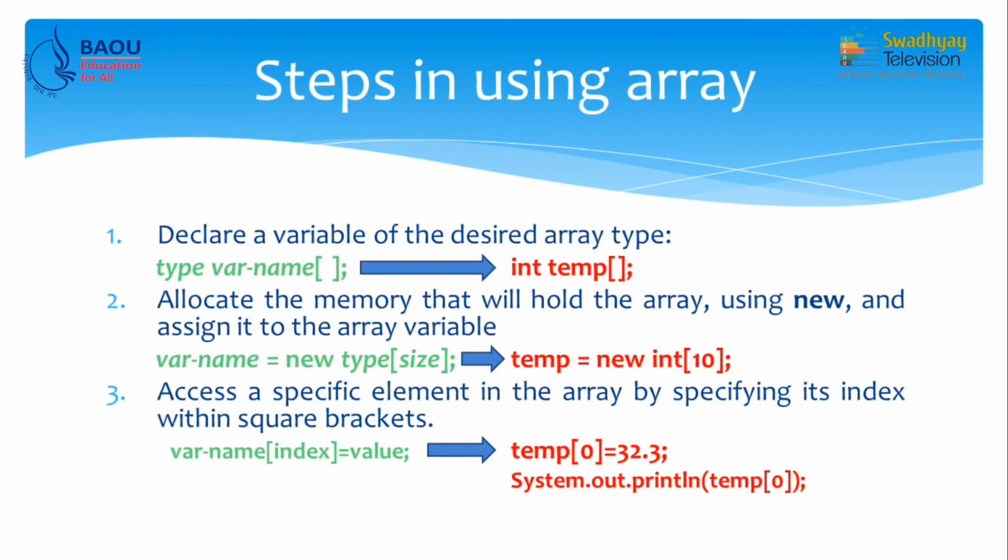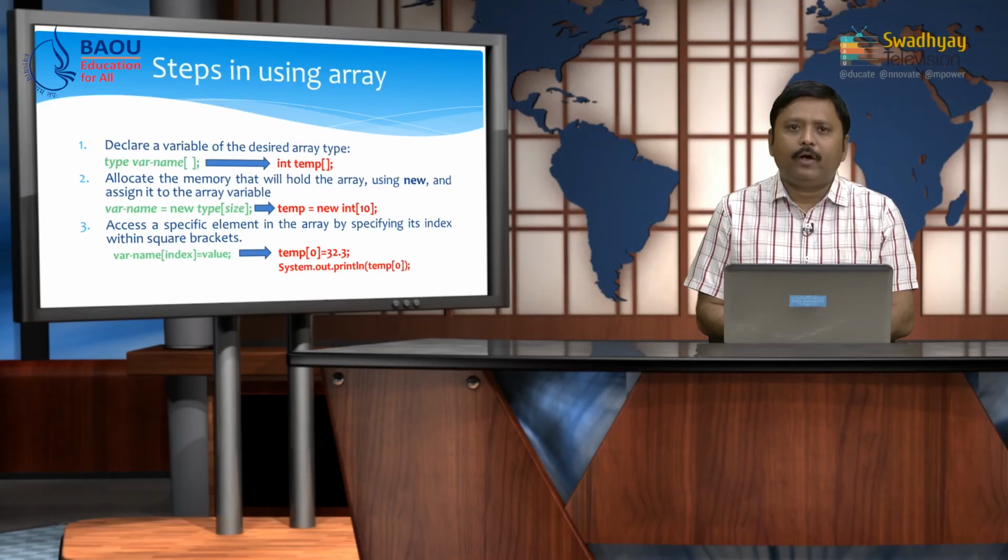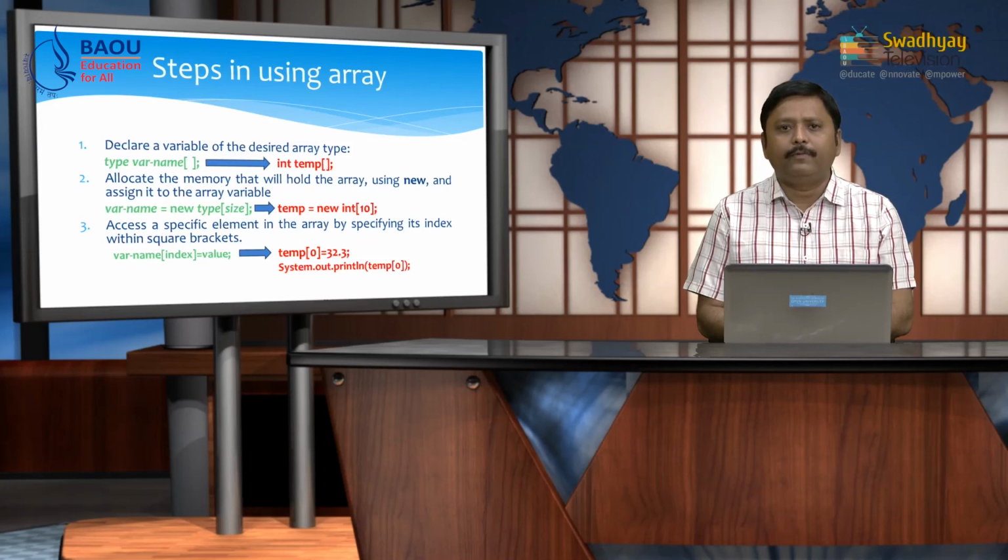Remember that after new we specify the type. This type should match the type used in the declaration, because Java is a strictly typed language. Once we allocate memory, we can store or retrieve values inside the array using a subscript. In the last line you can see that we write temp and then in brackets specify the position or value of the index, and then by writing equal to and a value we can store a value inside the array element.